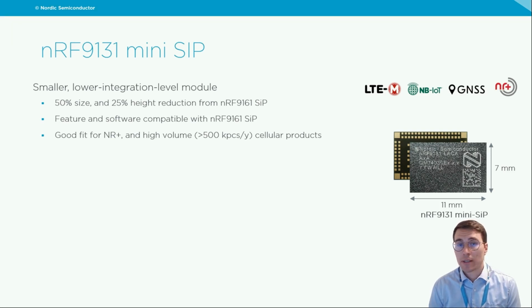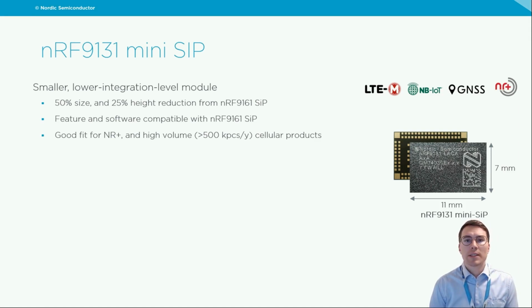So this is a device that's mostly targeted at NR Plus customers or applications. However, this can also be interesting for customers that have high volume cellular products. We expect around 500k pieces per year.